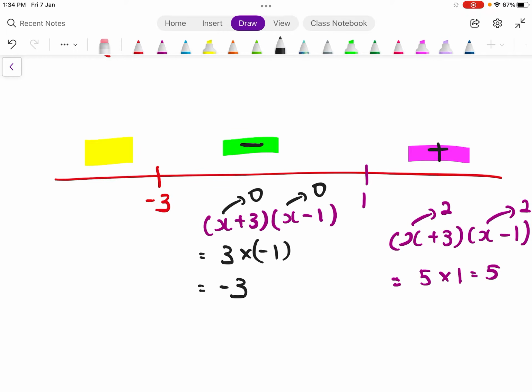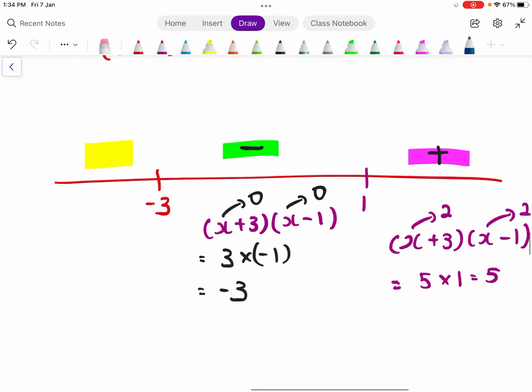Now I move on to the last region, which is the yellow region. The yellow region is any number that is less than negative 3. It can be negative 4, negative 5, and so forth. Let me write down (x + 3)(x - 1) first.